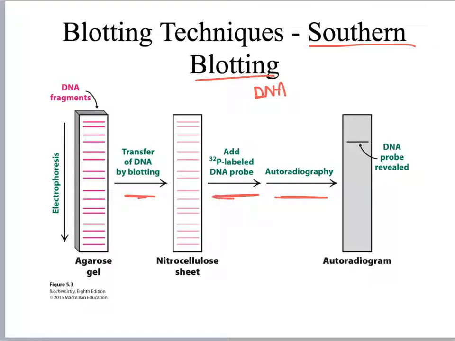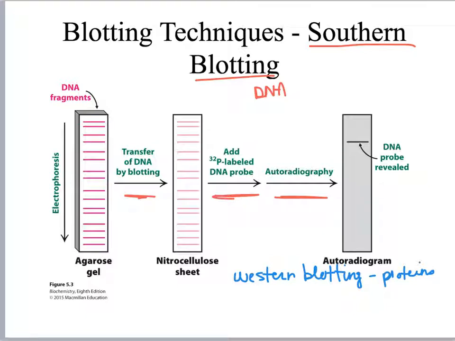Now there are other blotting techniques that you may have encountered or heard of. We also have Western blot. Western blotting is another technique which uses the same general process. However, Western blotting is used for protein analysis, and usually it involves the use of antibodies and secondary antibodies.